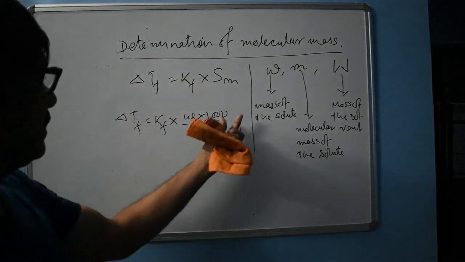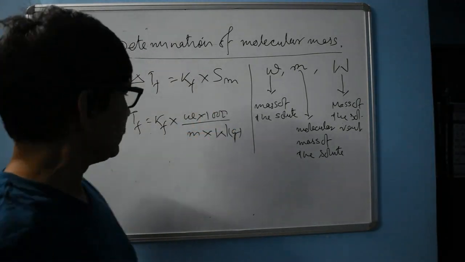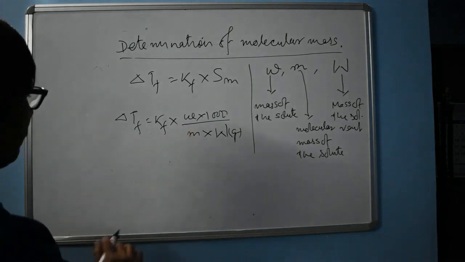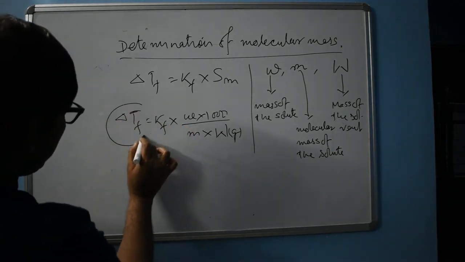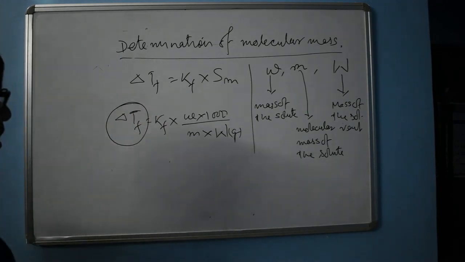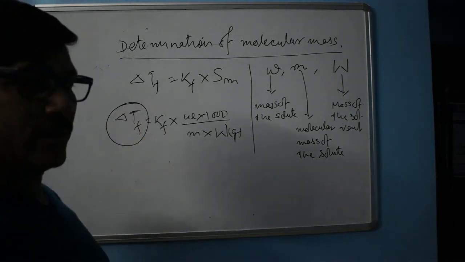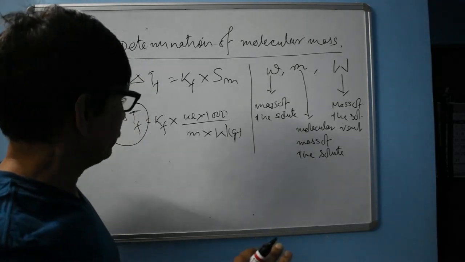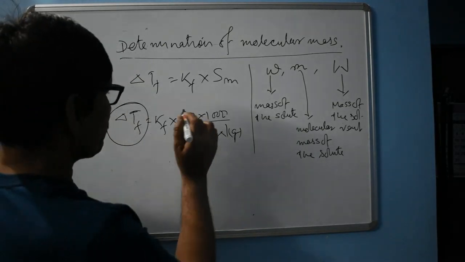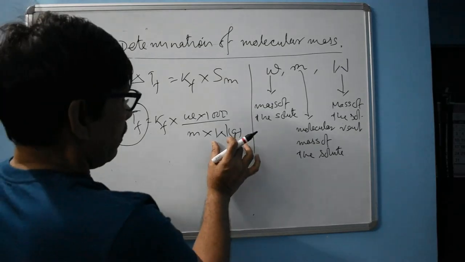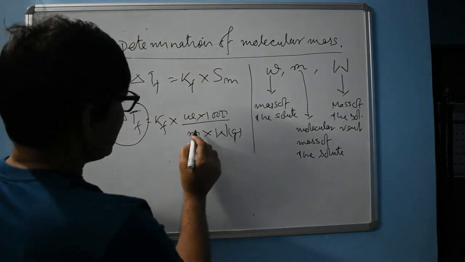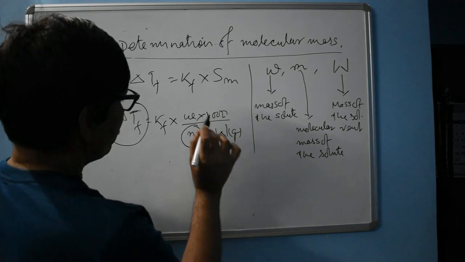If you are taking in kg, then this 1000 will not be there. So from here what you find, if we can measure this depression in freezing point, Kf is constant for each solvent, w is the mass of the solid, how much amount of solid we have added is known, mass of the solvent is known, this molecular mass can be calculated.